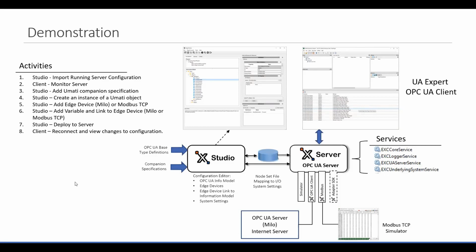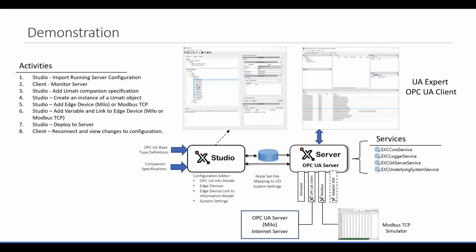The one thing that we're going to be using is the EdgeX Studio, which is the modeling tool by which we can configure a model, information model, import companion specification, define the address space, the I/O mapping, and everything that we need in order for us to deploy a running EdgeX server runtime. The runtime itself is on a separate machine, and it will use whatever configuration we create or change with Studio.